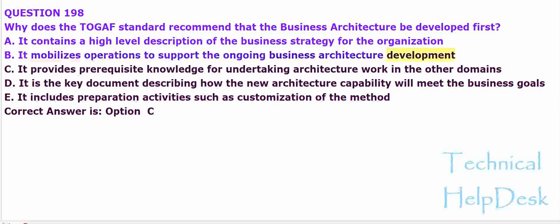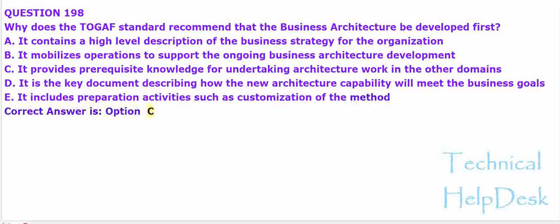C. It provides prerequisite knowledge for undertaking architecture work in the other domains. D. It is the key document describing how the new architecture capability will meet the business goals. E. It includes preparation activities such as customization of the method. Correct answer is option C.